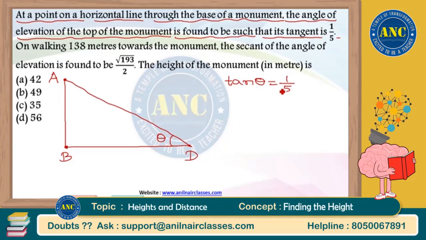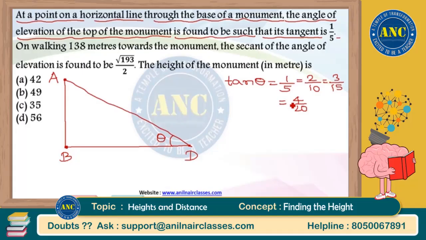Tangent theta is 1 by 5, which means it can also be 2 by 10, 3 by 15, or 4 by 20. It can be any of these values. All these values represent 1 by 5 itself. I hope you are understanding.